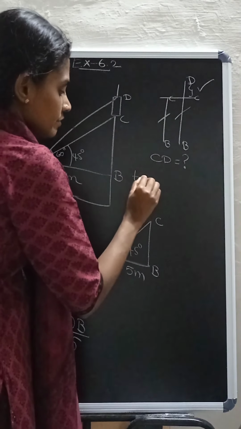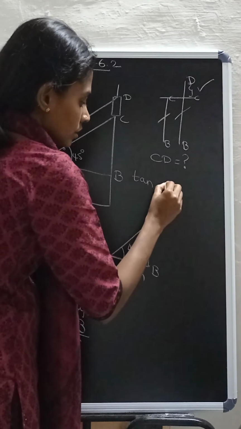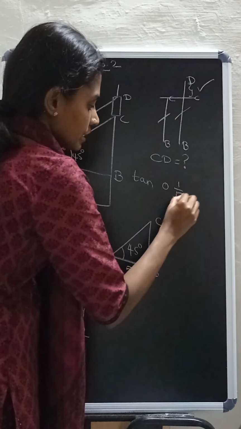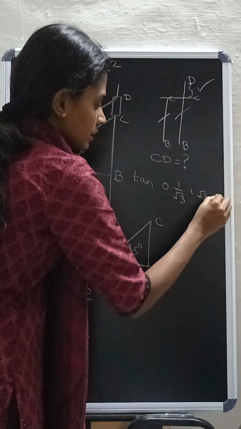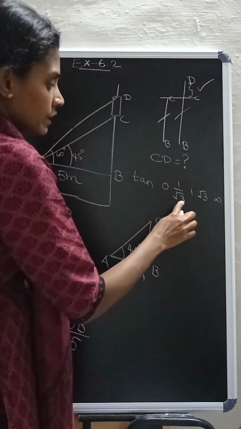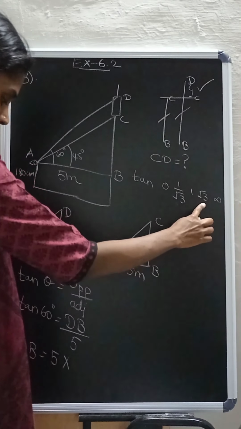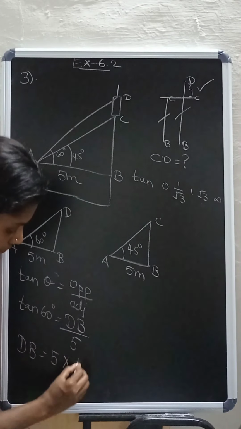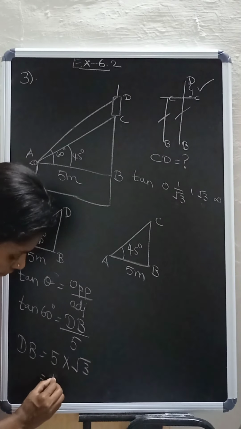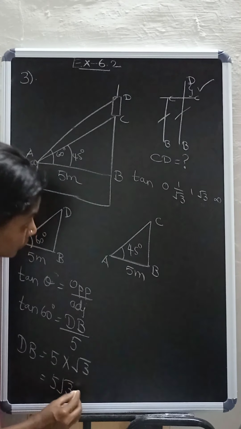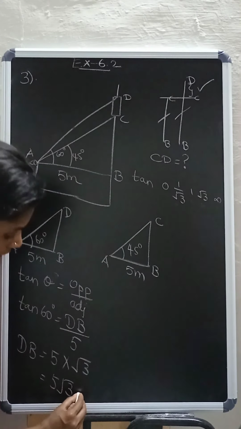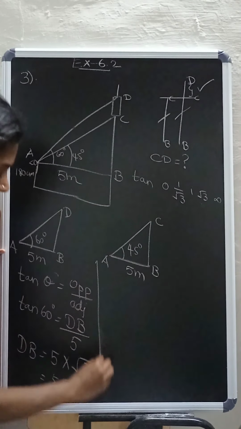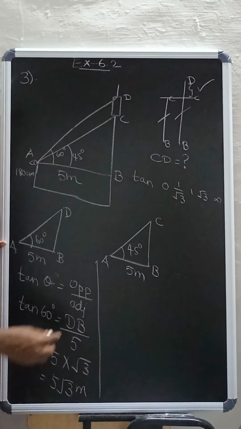What is tan 60 value? 0, 1 by root 3, 1, root 3, infinity. So 30, 45, 60. 60 is root 3, which is equal to 5 root 3 meters. This unit is very important.